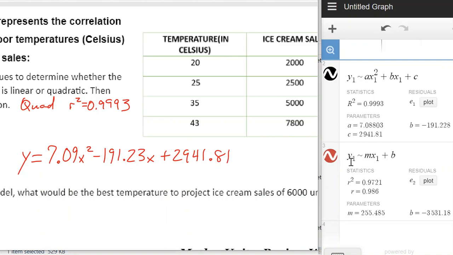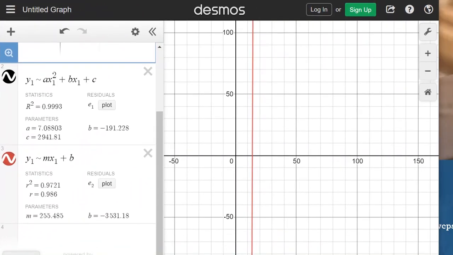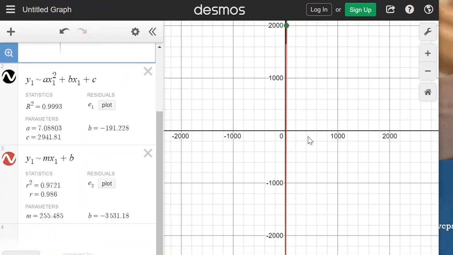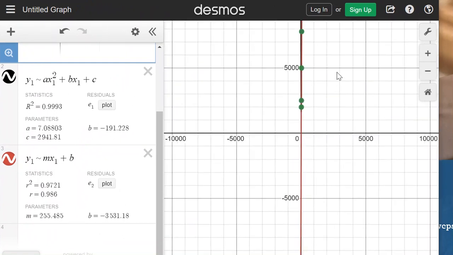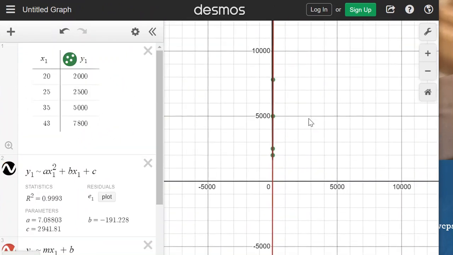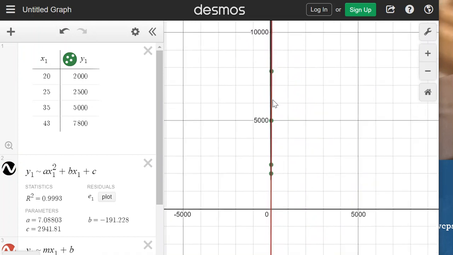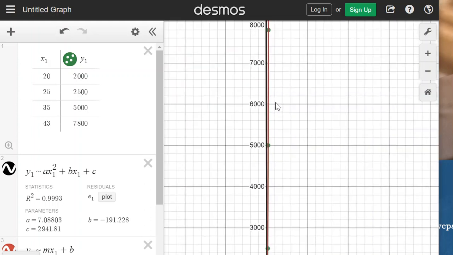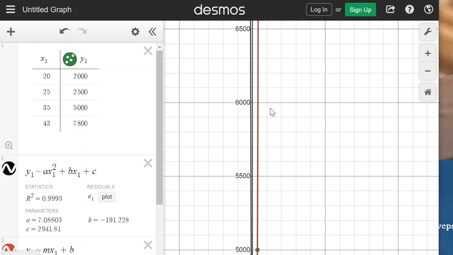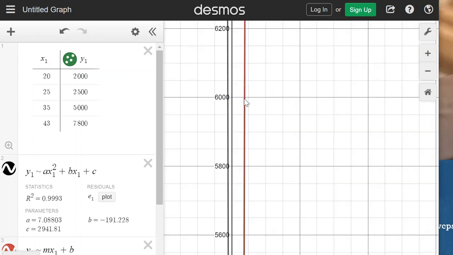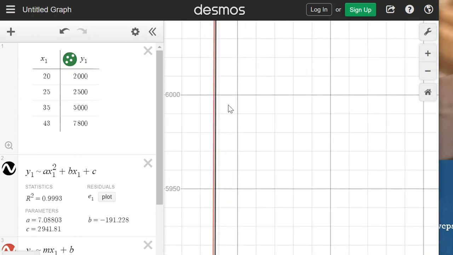Now, they said project the temperature x when sales y is 6,000. So we are going to bring this back, and we are going to zoom out so we can see the thousands. When y is 6,000, that's 10,000 and 5,000, so 6,000 should be this line right here. I'm going to scroll in until I see them separate, because apparently they are right close to each other.